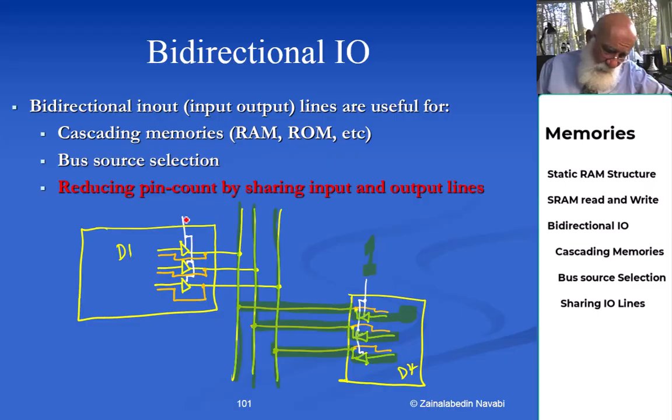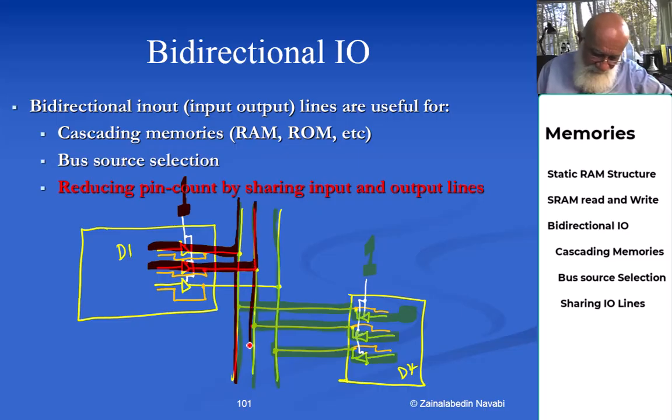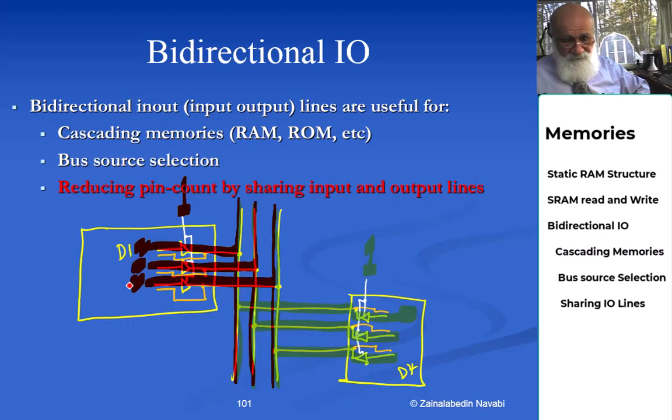If this is a 1, then data from here goes on the bus. Data from here goes on this second bit of the bus. And data from the inside of D1 goes on the bus. Okay? I just want to make sure that these two ones are not simultaneously active.